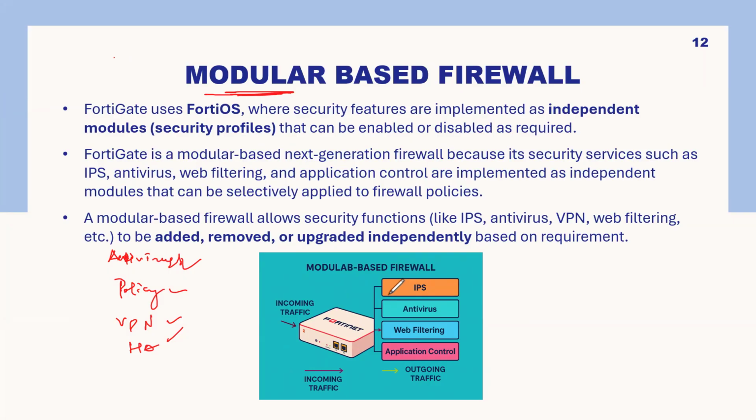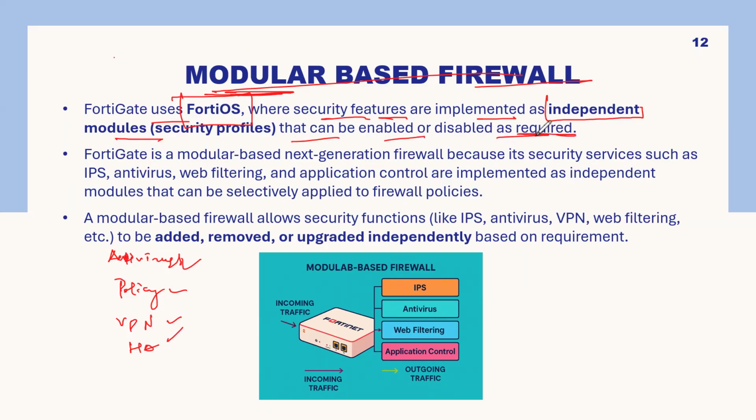Right? So it is not that if I start my device, all the features will be started. No. When I need them, I will use them. That is why it is called a modular based firewall. FortiGate uses FortiOS where security features are implemented as independent modules, so that they can be enabled or disabled as required.